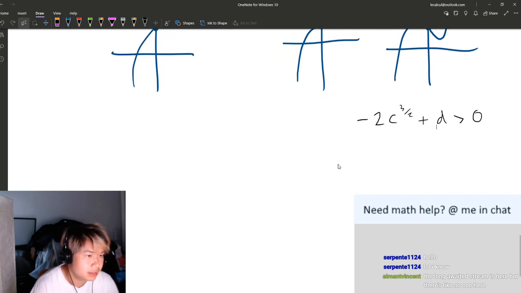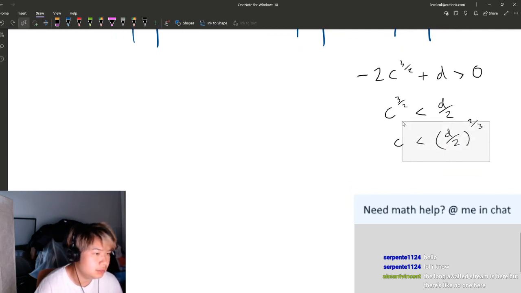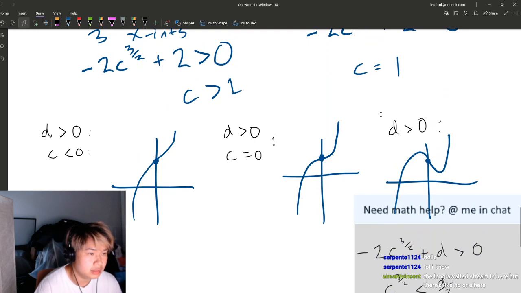So solving for C, as long as C is less than D over 2 to the power of 2/3, you will have this situation here.